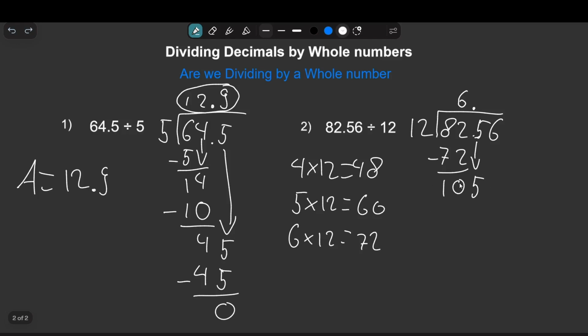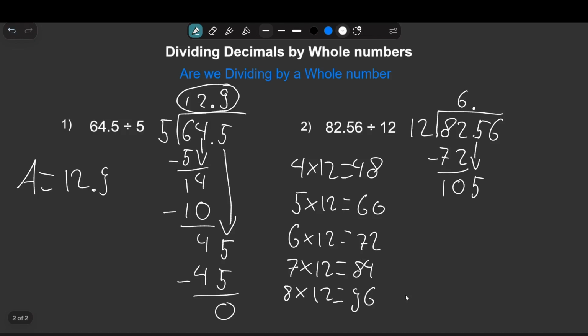105 divided by 12, or how many times does a whole 12 fit into 105? We have done the multiples here, but we can go a bit further with the multiples to find our answer. So, let's do 7 times 12. 7 times 12 equals 84. That isn't it. So 8 times 12 equals 96.